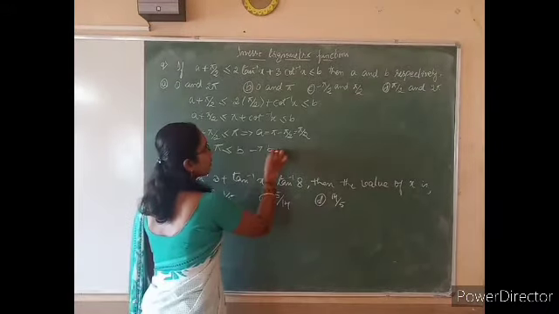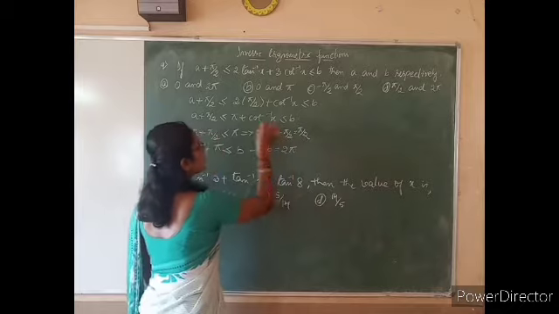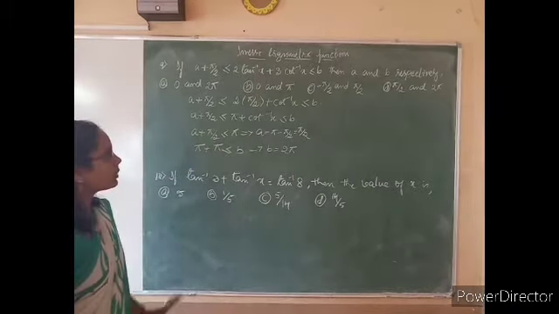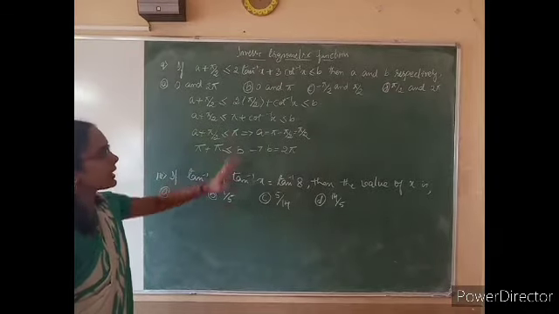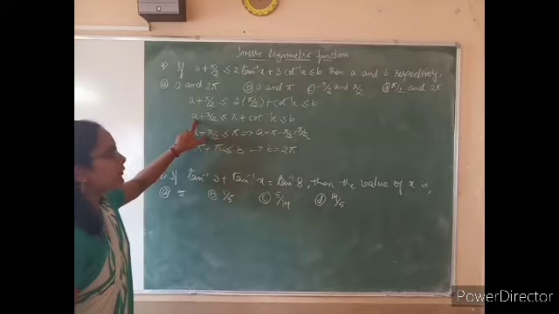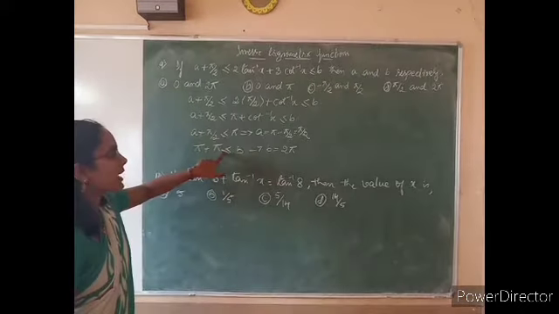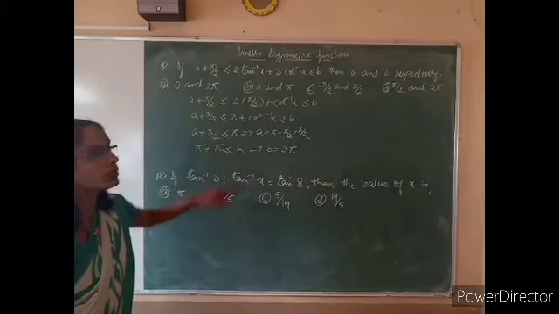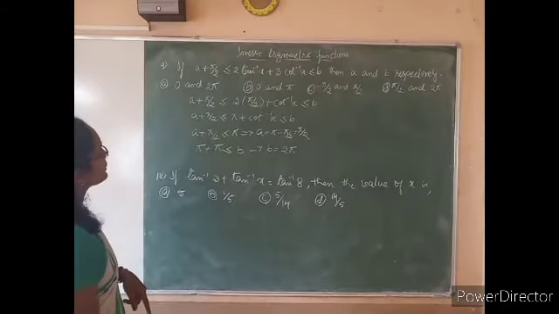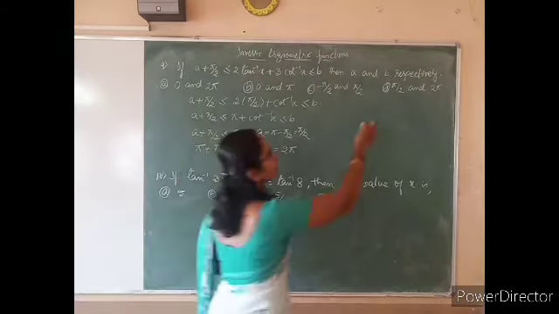The value of a is pi by 2 and the value of b is equal to 2 pi according to the definition. So the answer is pi by 2 and 2 pi.